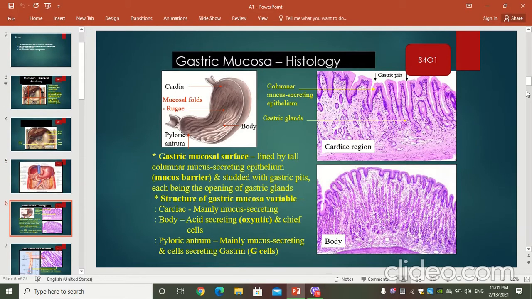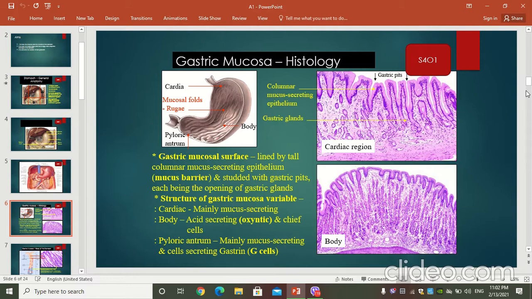The stomach wall consists of the outer layer, which is the serosa, or what's called peritoneum. Then the muscular layer, which is arranged in three directions: oblique, longitudinal, and circular.